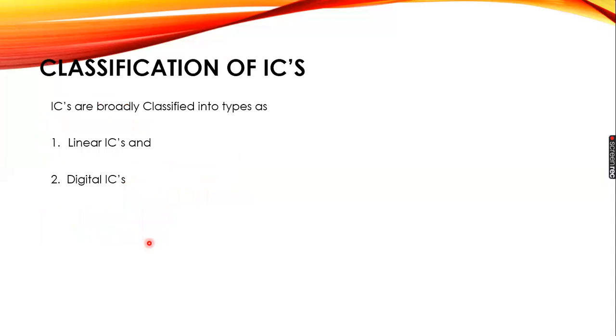These ICs can be majorly classified into two types. They are linear ICs and digital ICs. Linear ICs are also called analog ICs. Digital ICs are also called non-linear ICs.